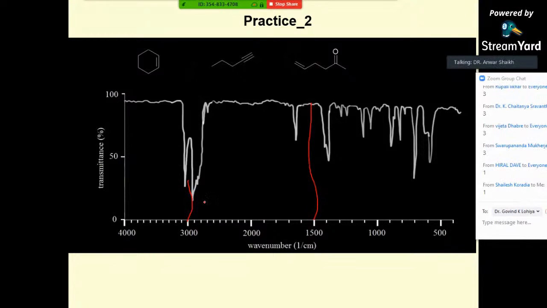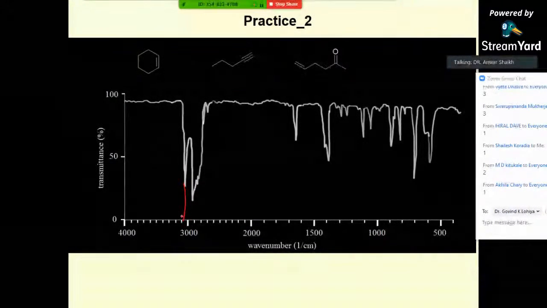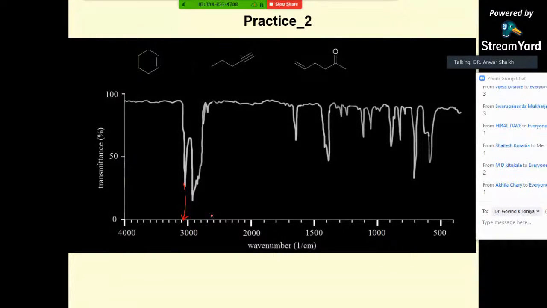But if you see here, we observe a peak at 3100, next to 3000. Just recall what peak I told you at the beginning at 3100.